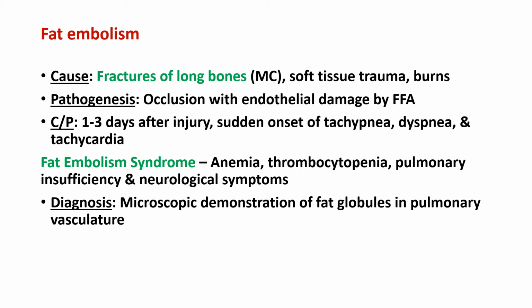Whenever there are fractures involving long bones, the bone marrow fat may gain access to the circulation through the damaged vasculature, and once in the circulation, there will be release of free fatty acids, and these free fatty acids may cause damage to the endothelial lining of the vasculature. So there may be mechanical obstruction by the fat globules, or endothelial damage by the free fatty acids.